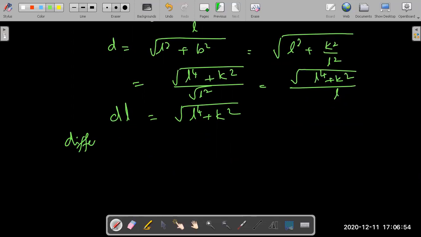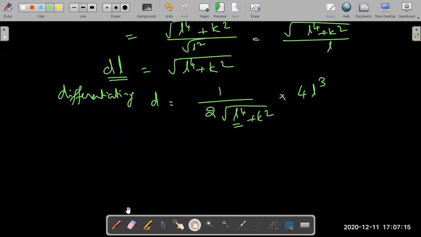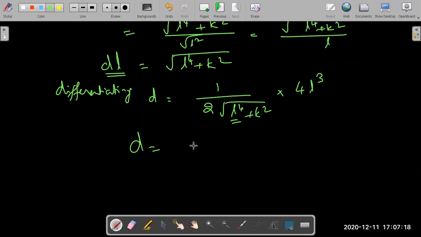Differentiating. When I differentiate this with respect to L, I'll get 1 by 2 root of L to the power of 4 plus K square multiplied by the differentiation of L to the power of 4, which is 4L cube. So the 2s cancel, and you'll have L cube divided by square root of L to the power of 4 plus K square.